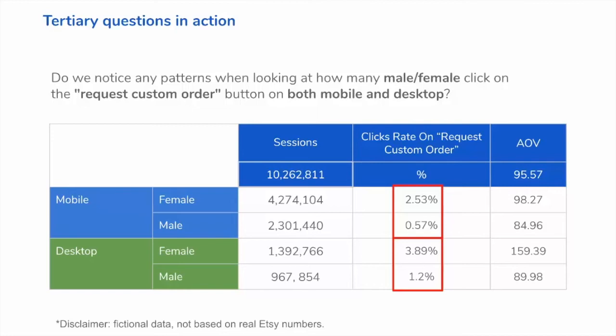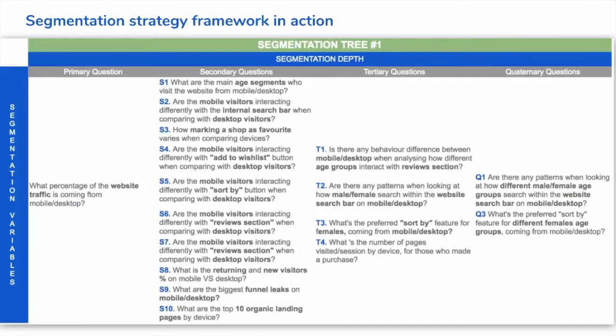So for this specific case, we have to build a hypothesis and think about personalizing the experience for different genders. And then we simply go ahead with adding more and more segmentation variables into the mix.